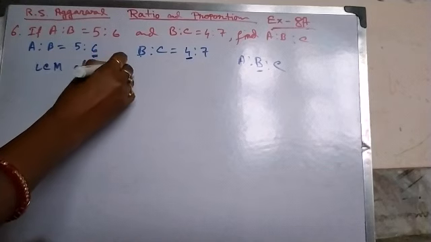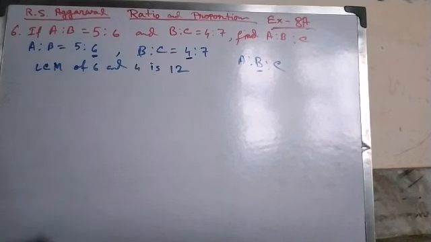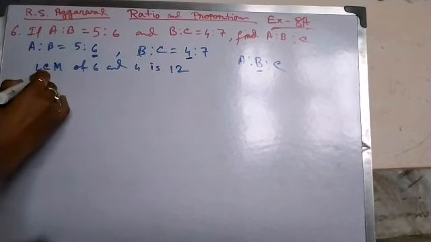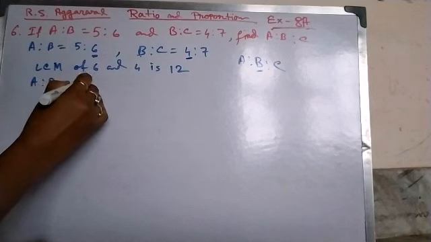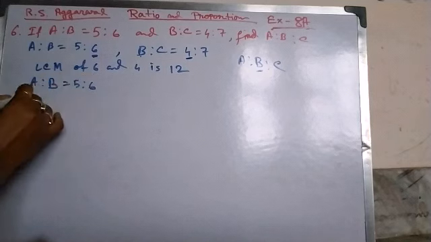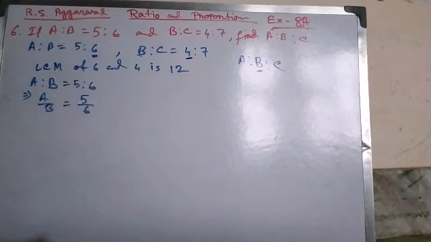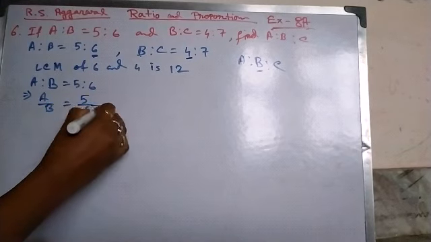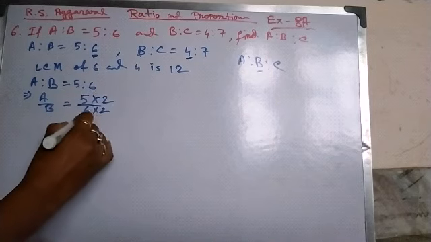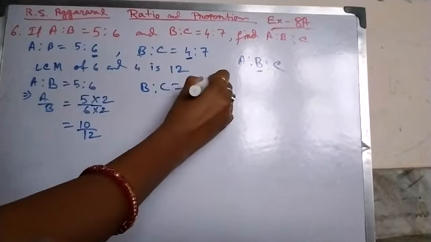LCM of 6 and 4 is 12. So we have to make this B part 12. That means 6 2s are 12. So by 2 we'll multiply this one. So we'll get 10/12.